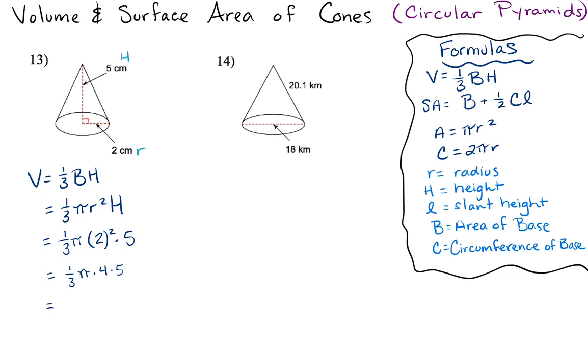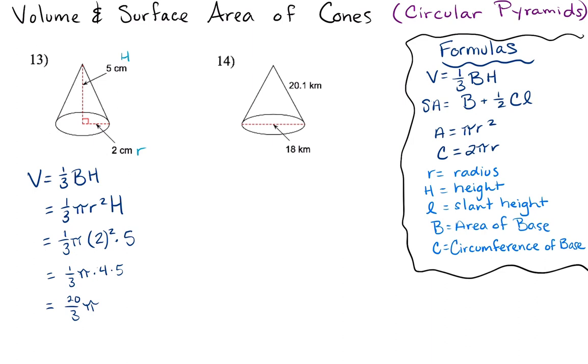And then to keep simplifying, 4 times 5 is going to be 20, and then 20 times 1/3 is going to be 20 over 3. If you need to stop the video and verify that calculation, go right ahead. You can also just do that in a calculator and see what you get.